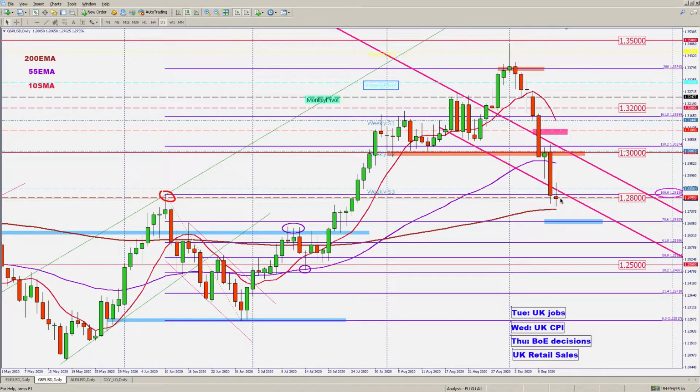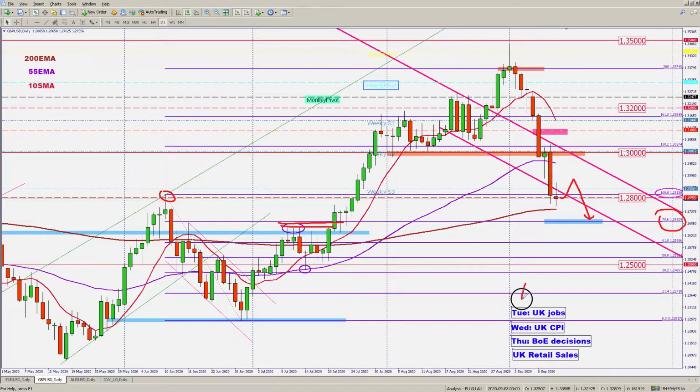And there could be further momentum coming down to test the 78.6 fib retracement level. So we'll see whether there's further weakness this coming week.